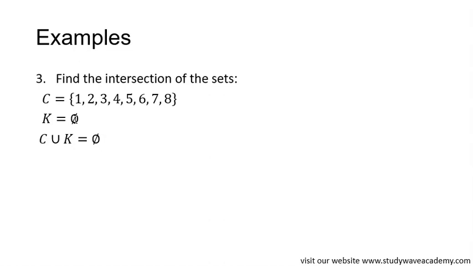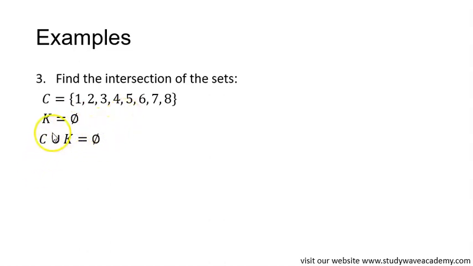Nothing, right? Remember, intersection is the common elements of both sets. Since we have numbers here, we look for common numbers of the two sets, but K doesn't have any element, so there is no common number, there is no common element, right? So the set is empty.